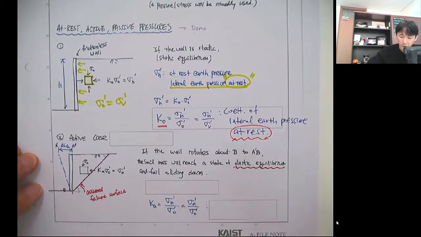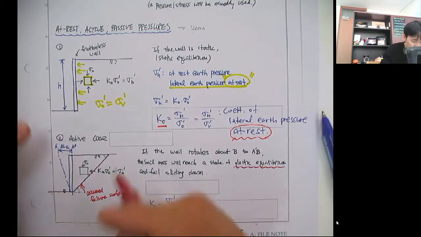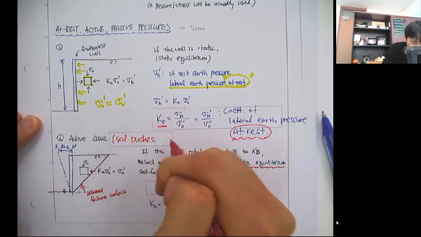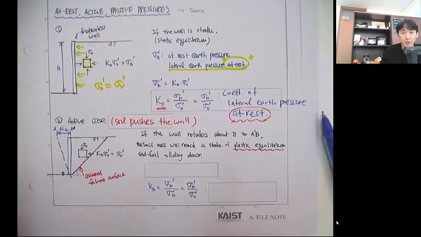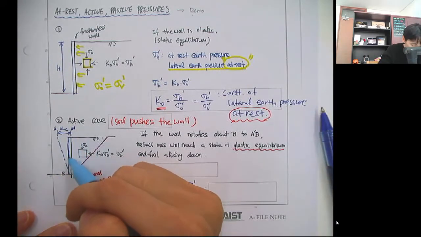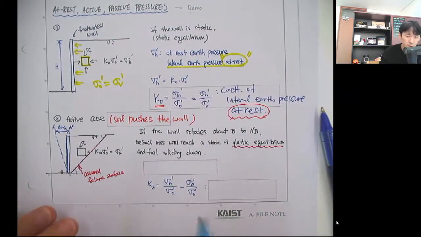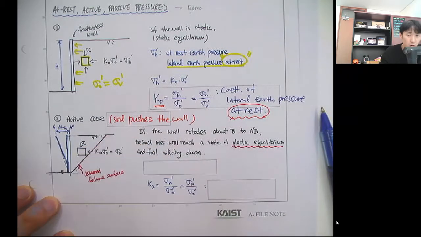Then what's the active case? The active case is when the soil pushes the wall. If the wall is here in the initial position, because the soil pushes the wall, the pressure is so great that the wall deforms outward.